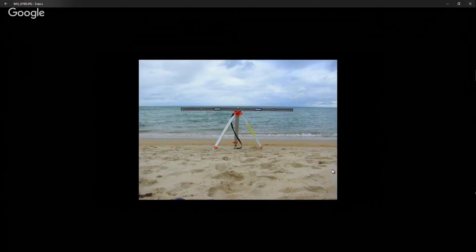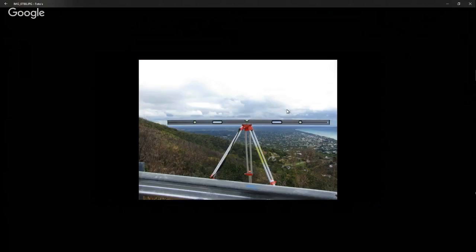When we are at sea level, we also see flat, horizontal, all at sea level.